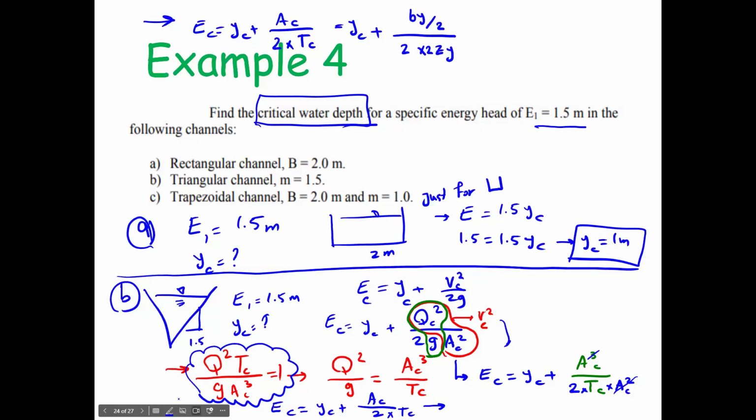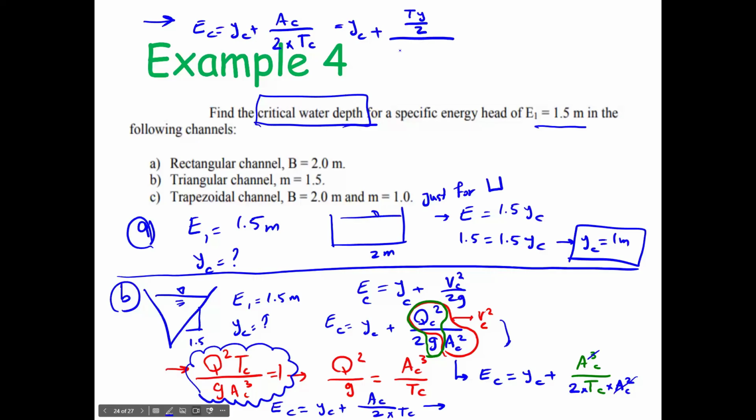And instead of B, I'm going to write T because there is no B, so I don't want you to mix that. So instead of area, I will write T y over 2. That's the triangular equation.